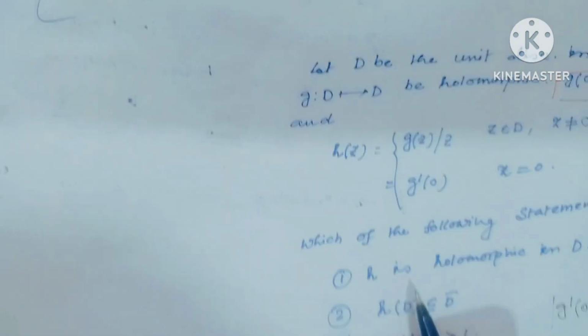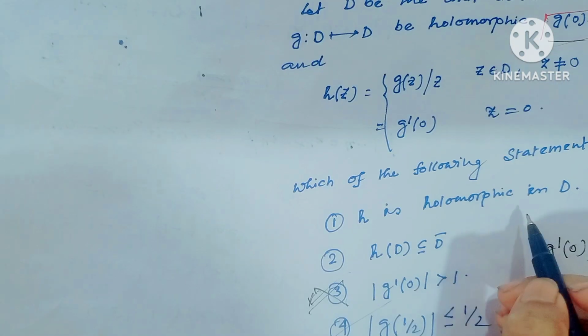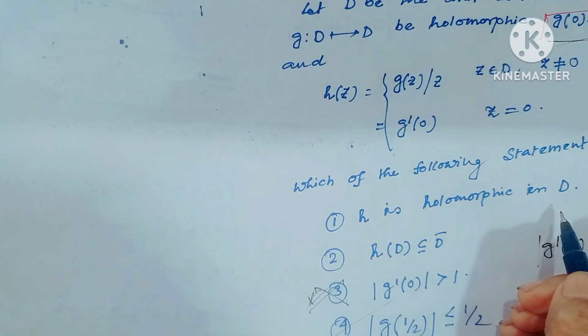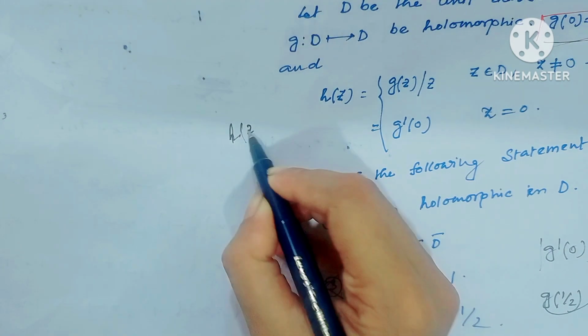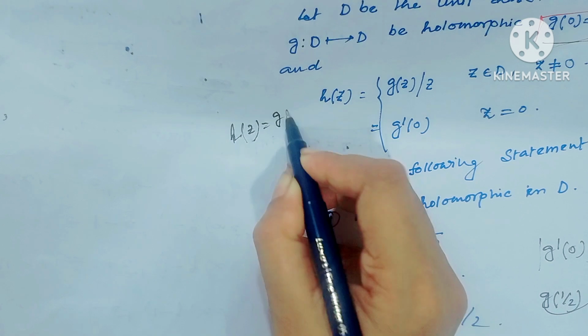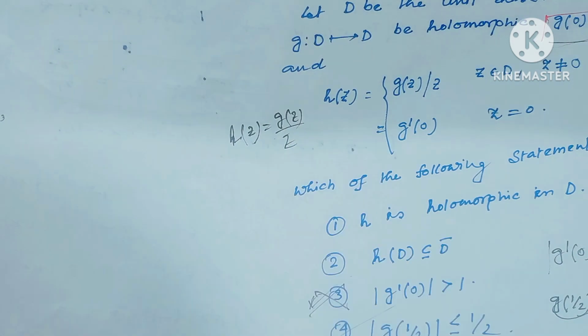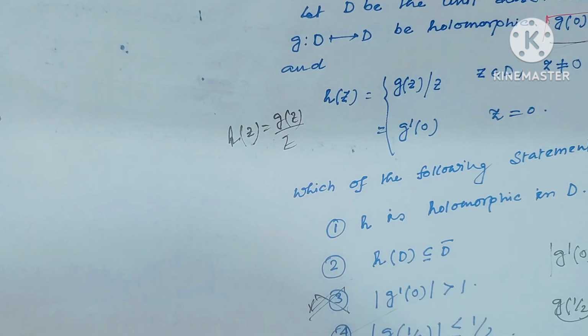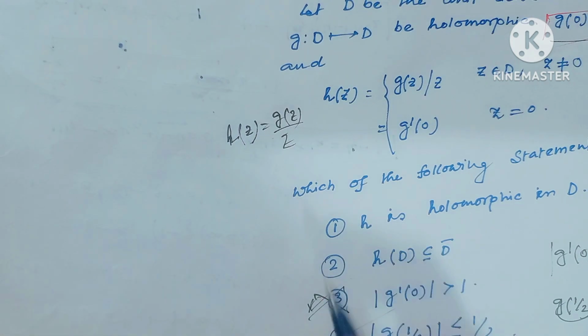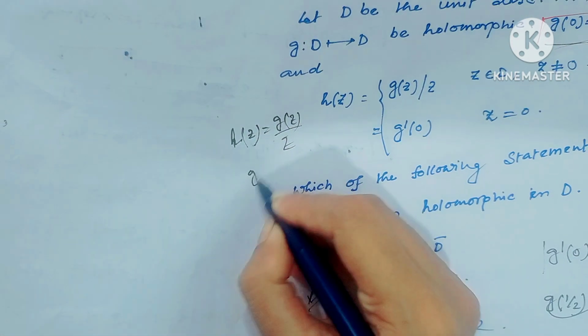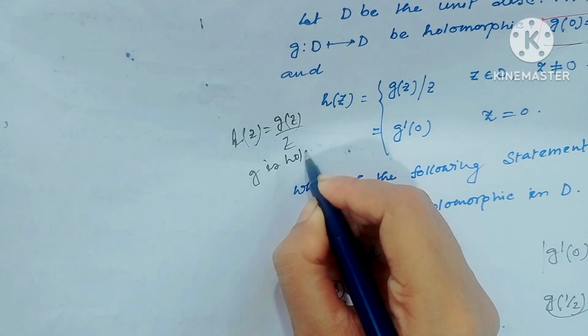Now option 1 and option 2. Option 1 says h is a holomorphic function. Since g is holomorphic, and h is defined as g(z) over z, obviously this function is holomorphic, since g is holomorphic, meaning analytic.